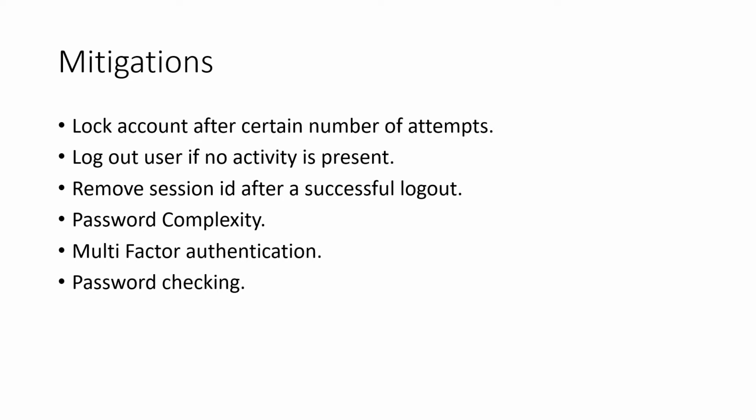We can simply limit it to 3 times. After that, the user account can be locked and he can be asked to contact the administrator for unlocking his account. If a user is not active on a website for a certain amount of time, then the application can automatically log the user out and kill the entire session details.